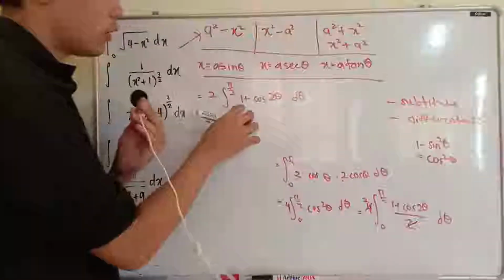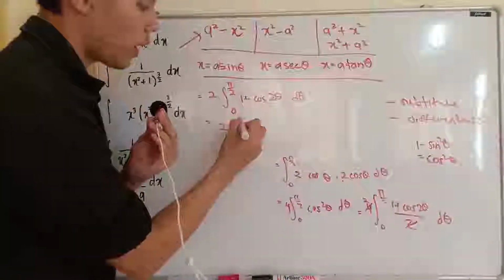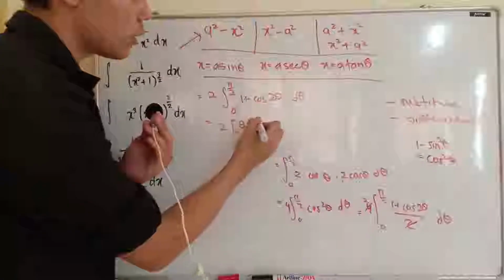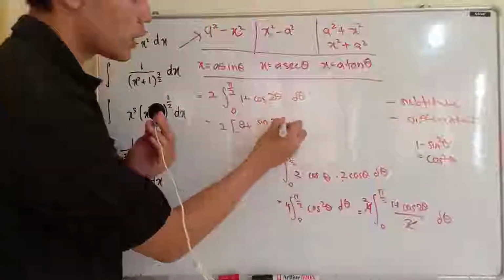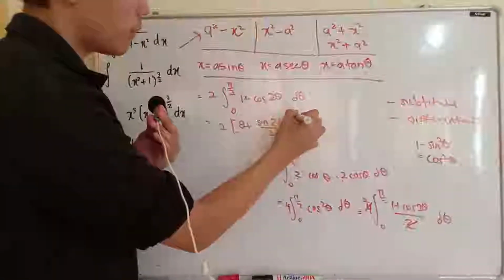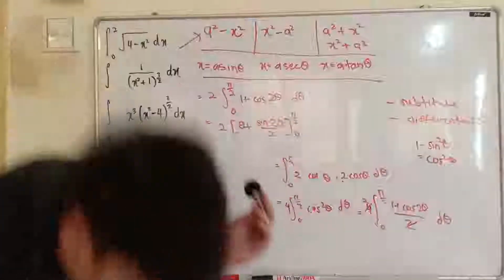When you integrate 1, you're going to have theta. When you integrate cos 2 theta, you're going to have sine 2 theta over 2. The bounds are 0 to pi over 2.